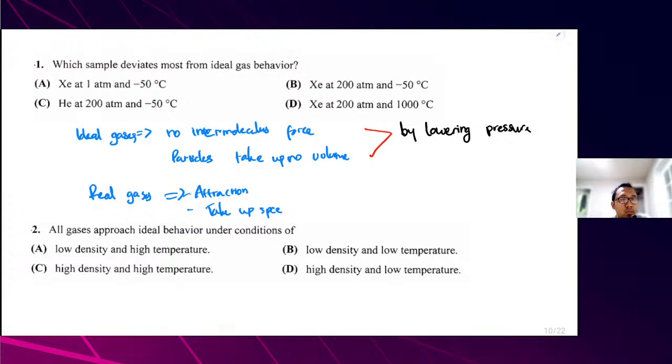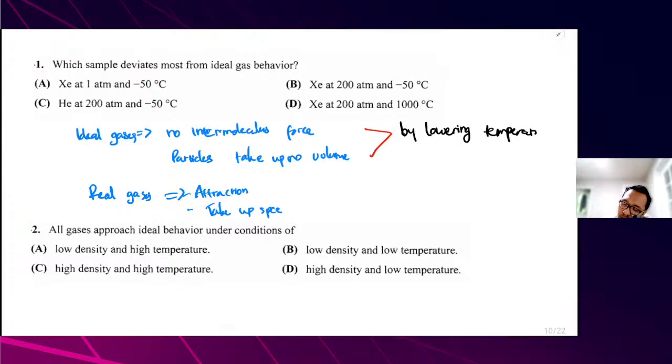When we lower pressure, it will give less kinetic energy, right? So attraction, oh sorry, it should be lowering temperature, not pressure.